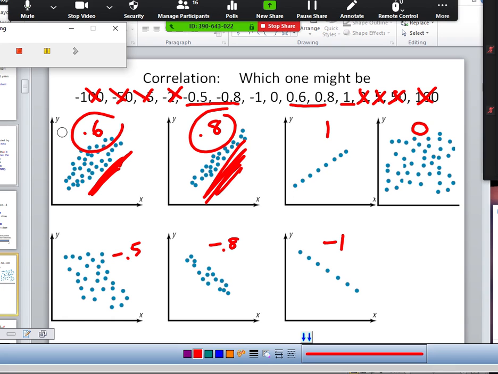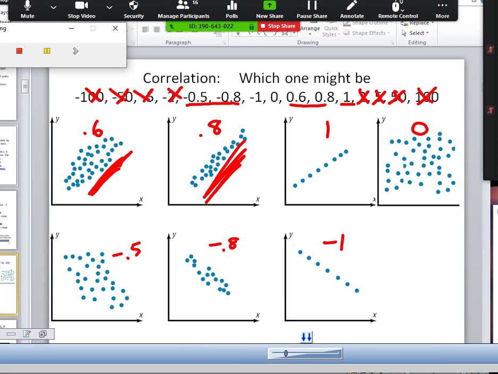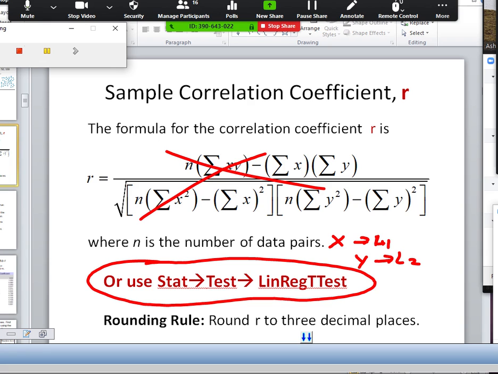So that's why that's like that. Oops, I'm going to undo this. And then on the bottom, the same idea. This one down here is closer to negative 1 because it's more like a line than this one is. Okay. All right.